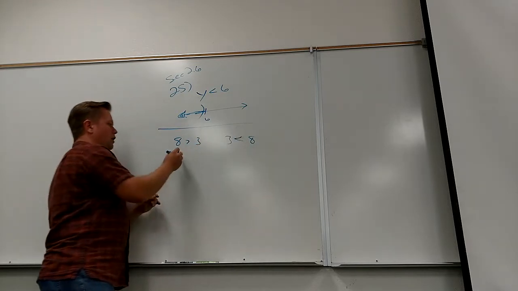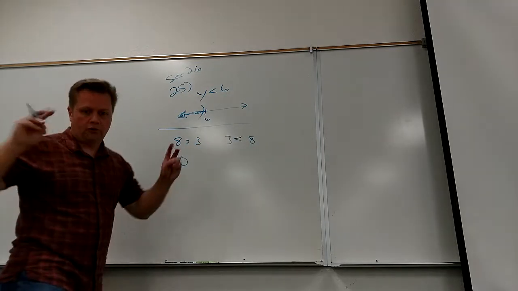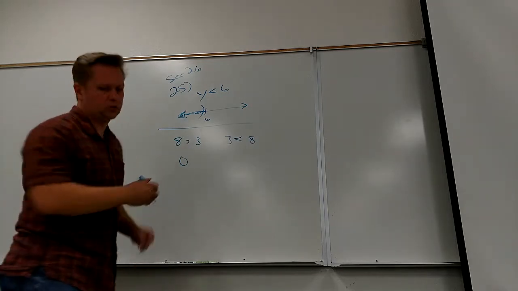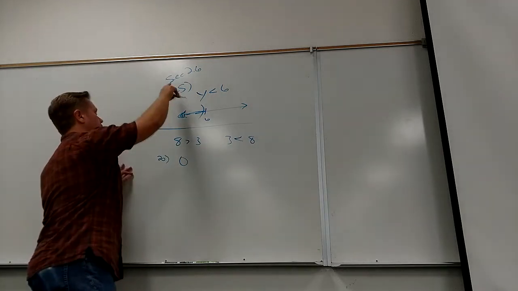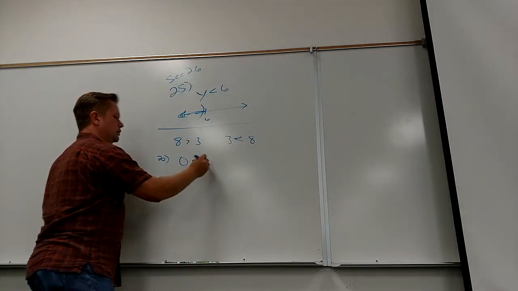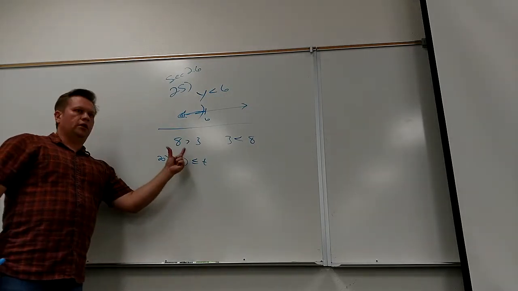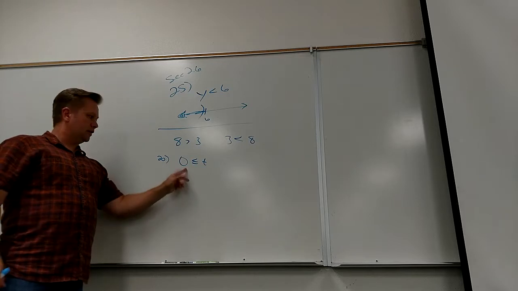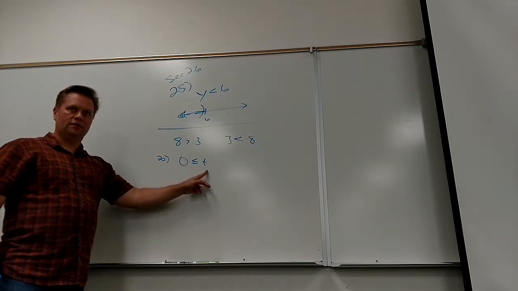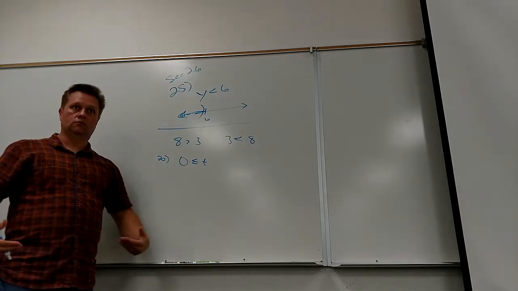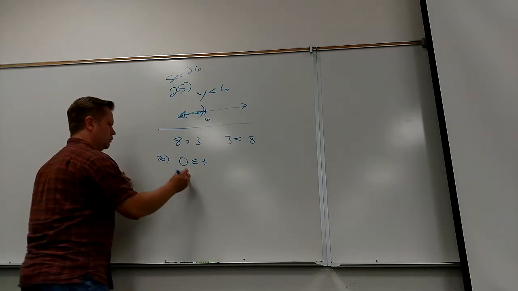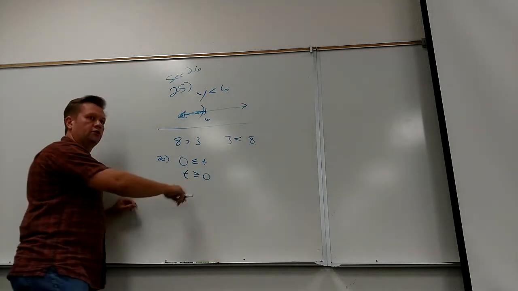No. So if my variable is on the wrong side, like number 20 in the same section, 0 less than or equal to t, how do I turn that around so the variable's on the correct side? If 0 is less than or equal to t, t must be bigger than or equal to 0. Now you're going to shade it the correct way.